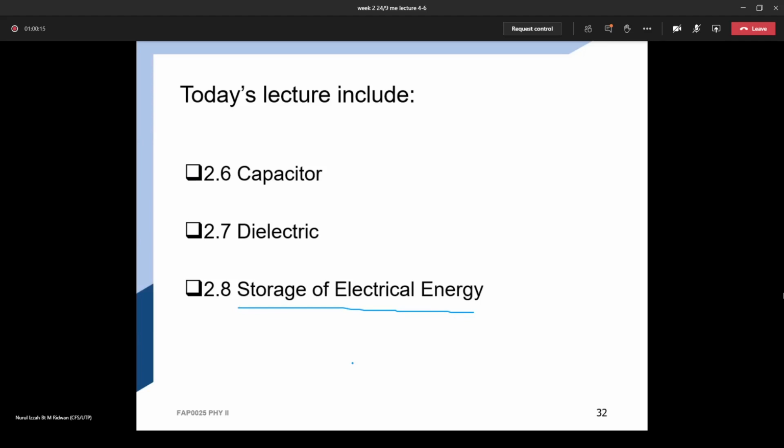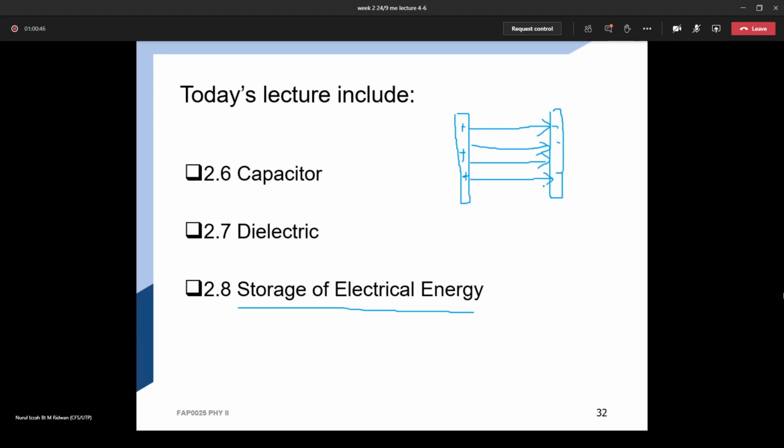Because it can store energy. What type of energy is stored in the capacitor? It depends on the capacitor that we learned in the parallel plates. If you think again, between the positive and negative metal plates, what do we have in the middle? Anybody? Tell me.